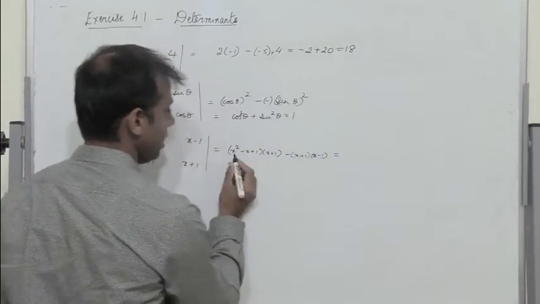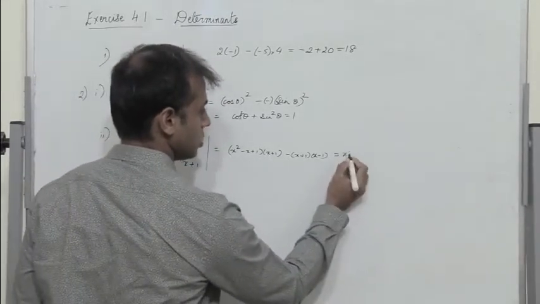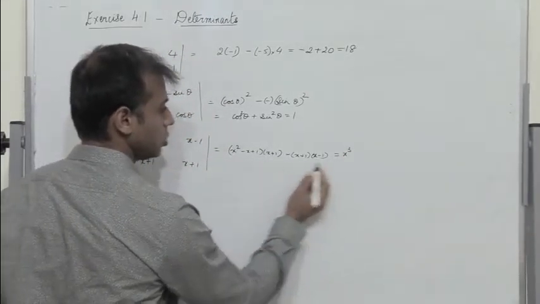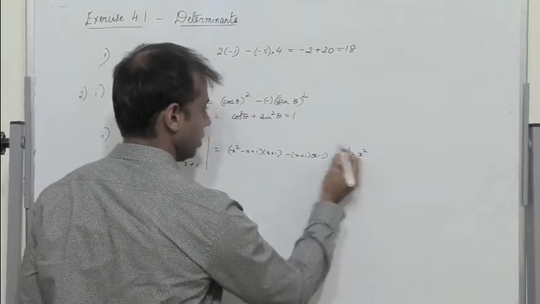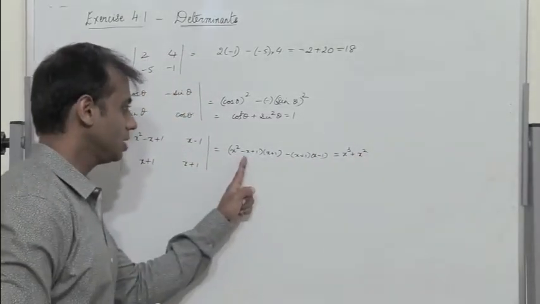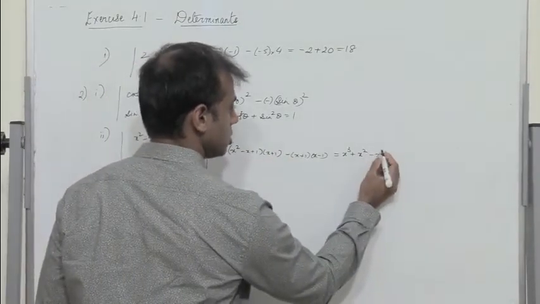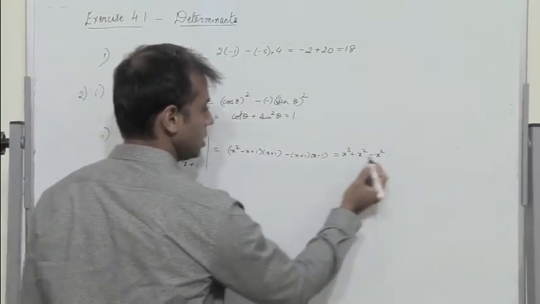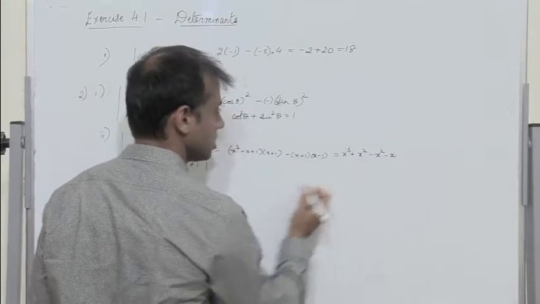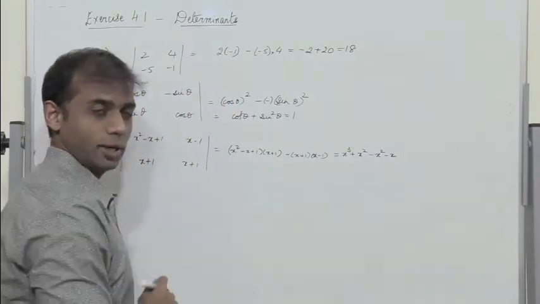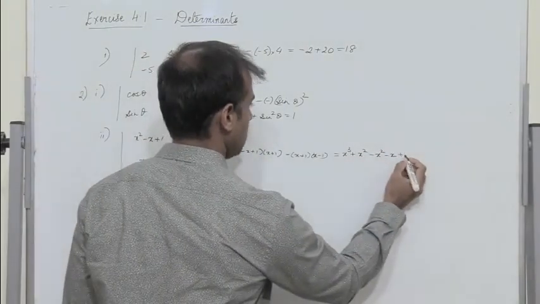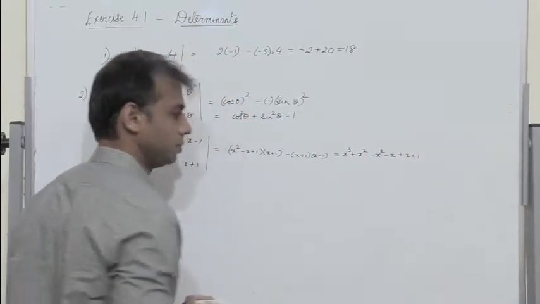So we get x square into x, which is x cube, x square into 1, which is plus x square. Then I multiply the second element with these two terms, minus x into x, which is minus x square, minus x into 1, which is minus x. Then I have plus 1 into x plus 1, so I get plus x plus 1.